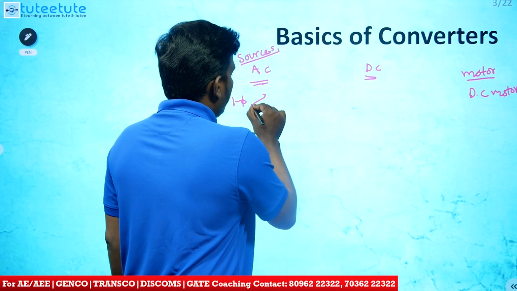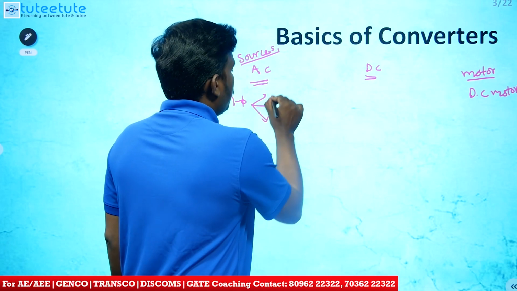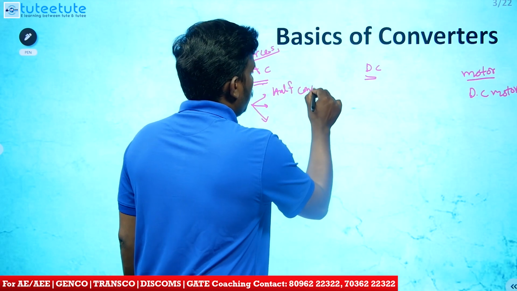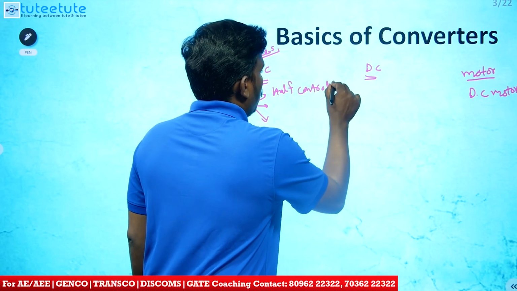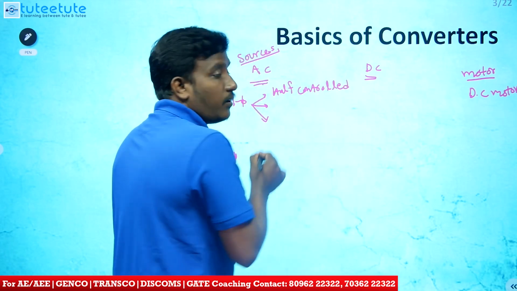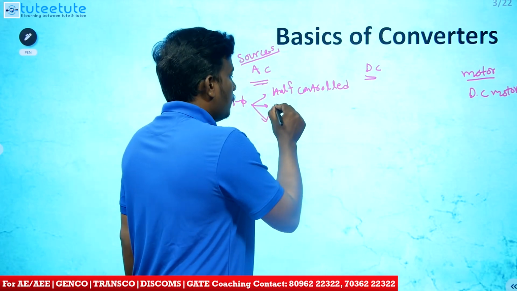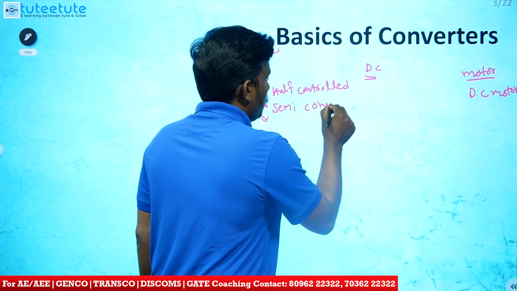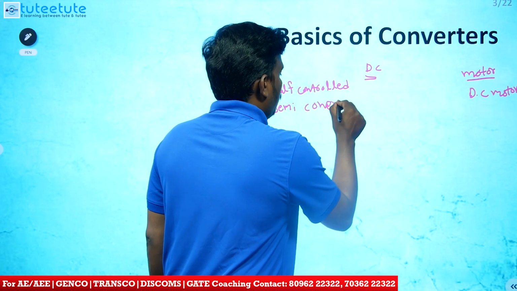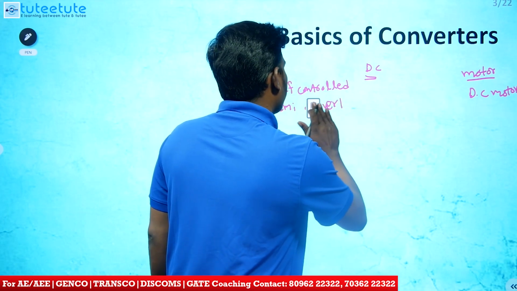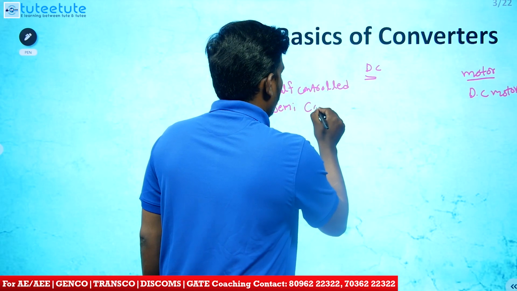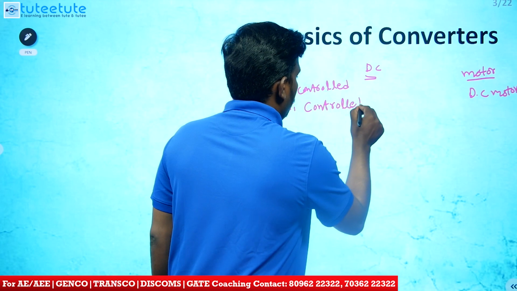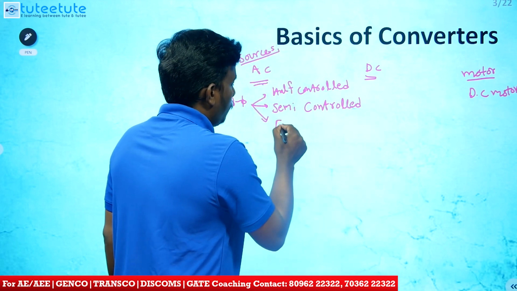In single phase, again there are three types. One is half controlled, second one is semi controlled or semi converter, and third one is full controlled.